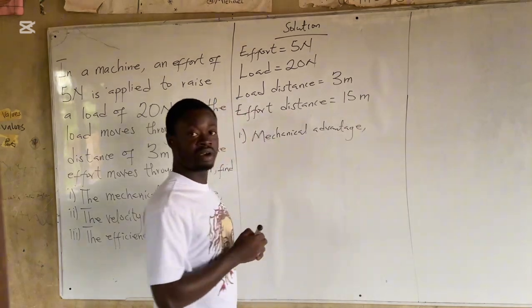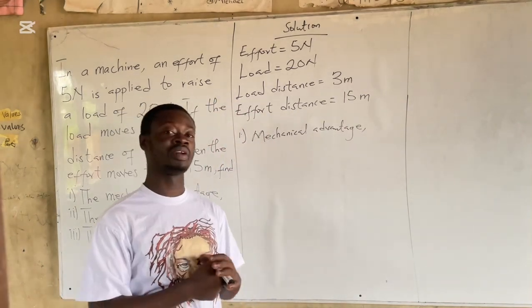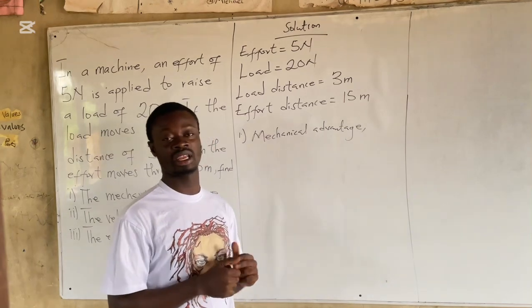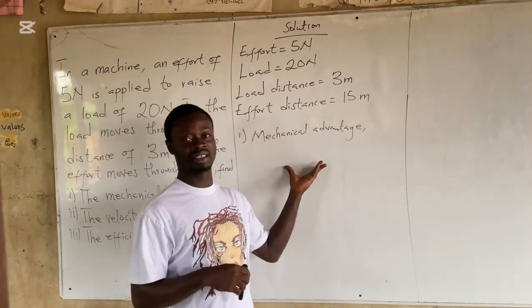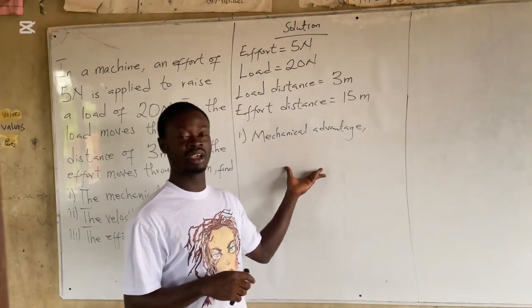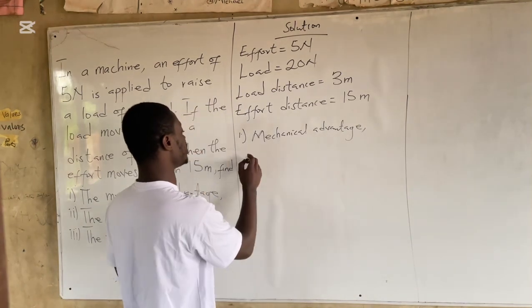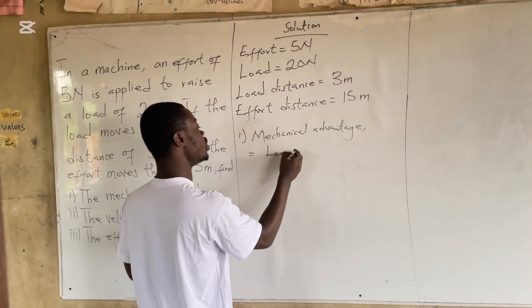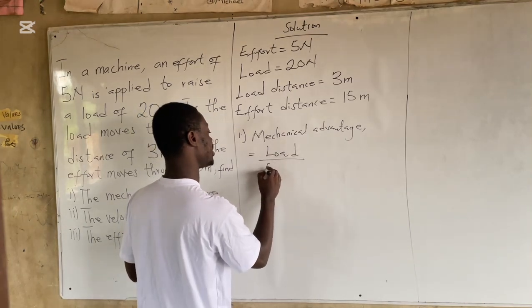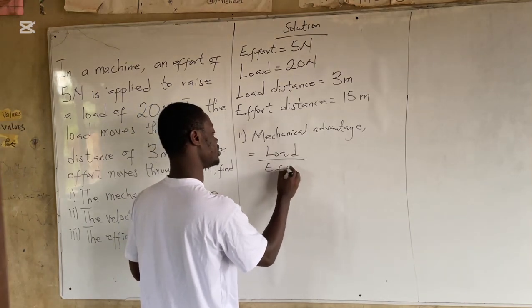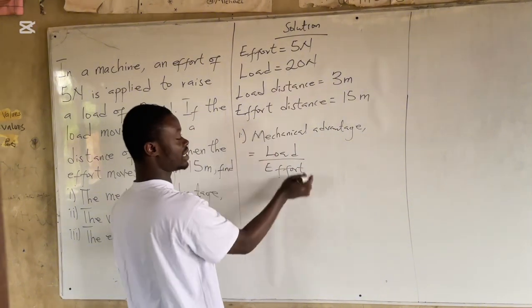Okay, so mechanical advantage is one of the properties of machines, and mechanical advantage is expressed mathematically as the load divided by the effort. So mechanical advantage equals load divided by the effort. So let's substitute this into the formula.